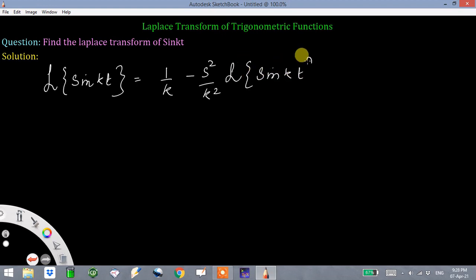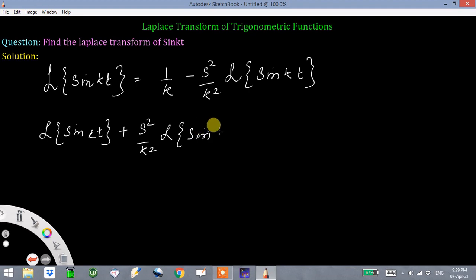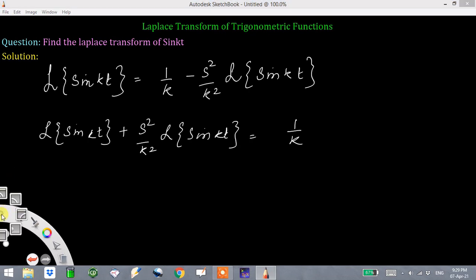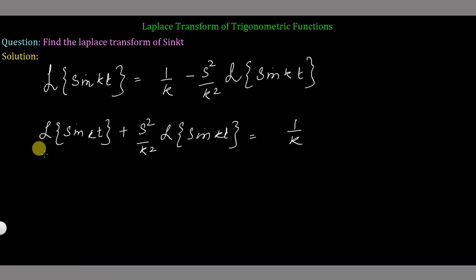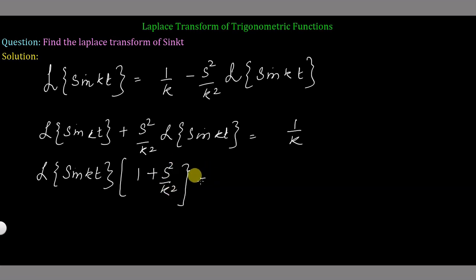In this way you can easily find the Laplace transform of sine kt. Just take this term from here: Laplace of sine kt plus s square over k square Laplace of sine kt equals 1 over k. Laplace of sine kt is common, and we have 1 plus s square over k square.